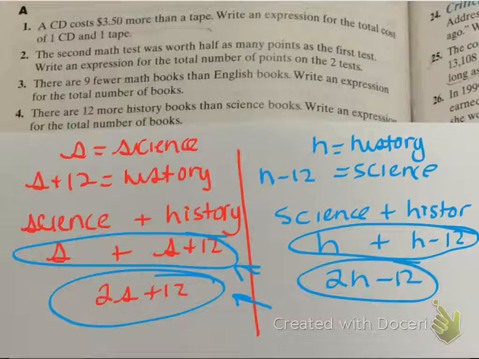Student: But instead of using S, could you use X? Sure. Any other variable. But especially if you're using X, you've got to give a definition. Define your unknown. If you don't do that, nobody knows what X is. Okay? All right, next question.